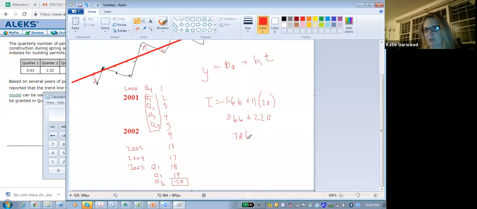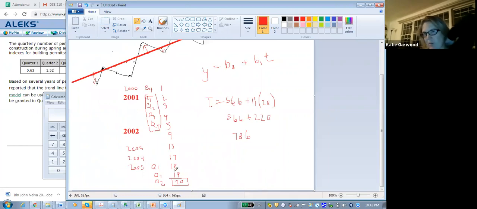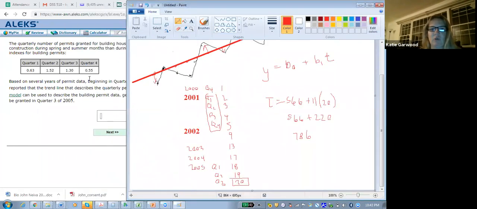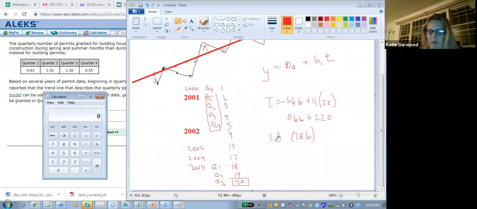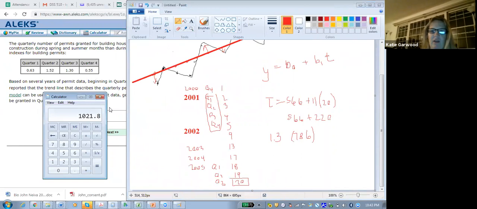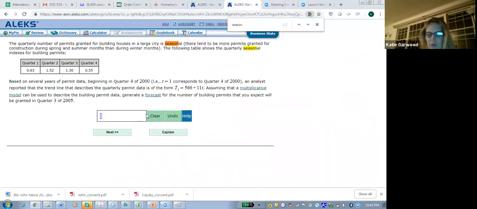And that would be our prediction if there was only trend. But we have to remember there's a quarterly model. After we figure out how many time periods have gone through and plug it into t, at the very end we have to multiply by the index that goes with that time period. Since we're in quarter 3, our very last step is to multiply this by 1.3. So if we take 786 times 1.3, we're going to get 1,021.8.